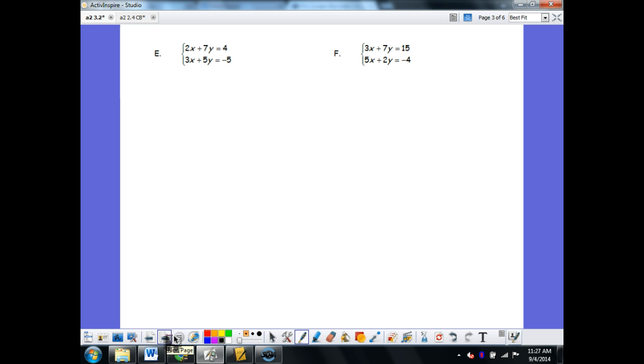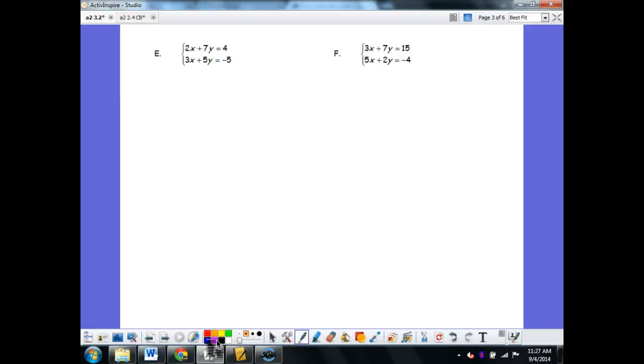Now, in the next two examples, E and F, a bit of a problem is caused because if we add the two equations together right now, neither the x nor the y cancels. So what we need to do is force one of them to cancel. So the first thing you need to do is decide which variable you want to cancel.